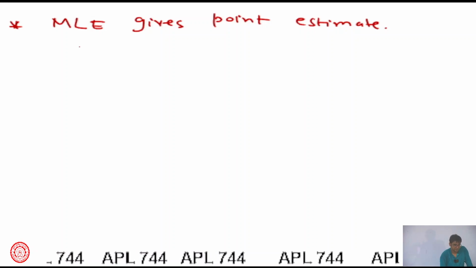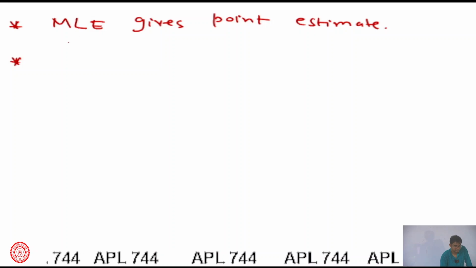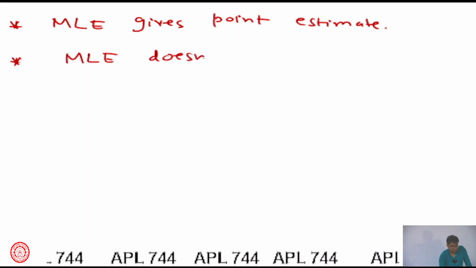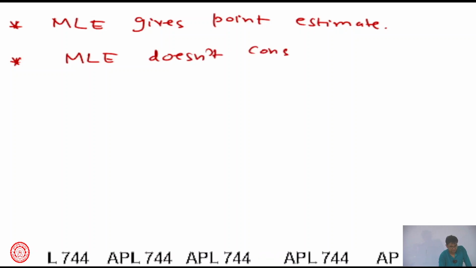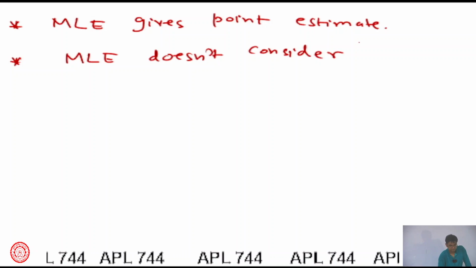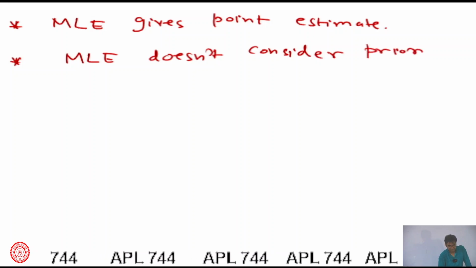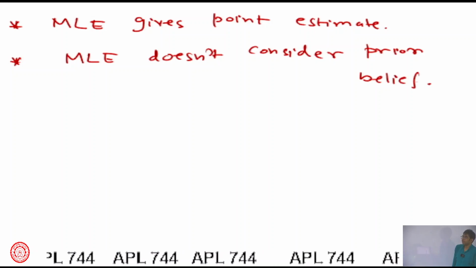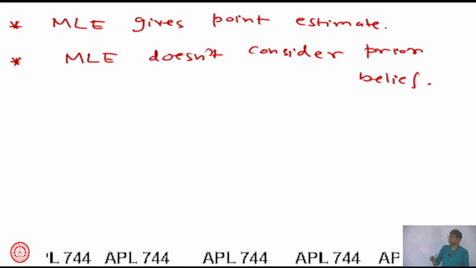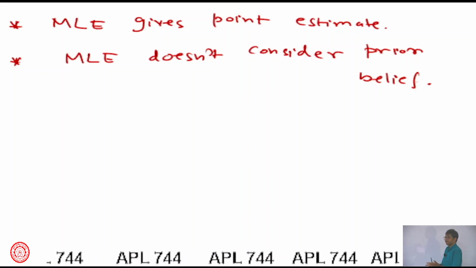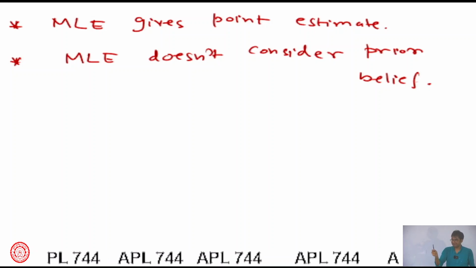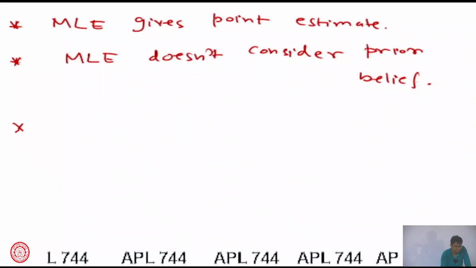The second thing is MLE does not consider prior belief. This definitely is a bad thing. So, you might want something where the prior belief is there, but it is still a point estimate, and that is known as the MAP, maximum a posteriori estimate, which is an improvement over MLE.